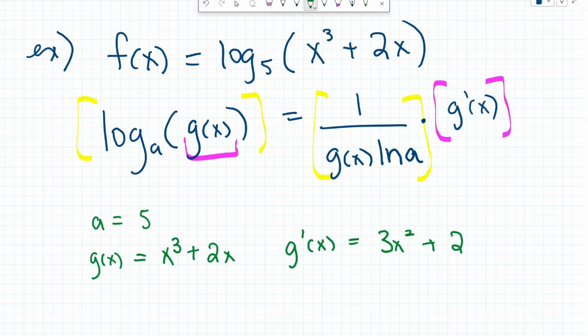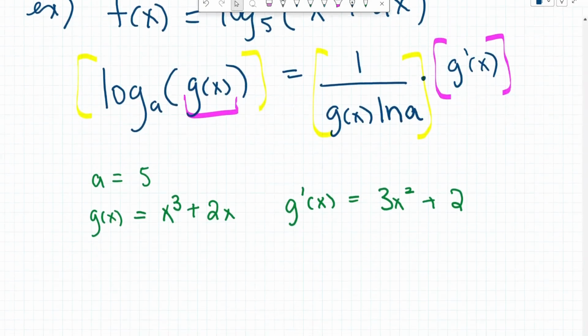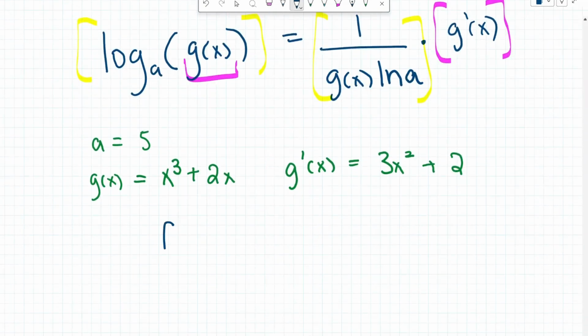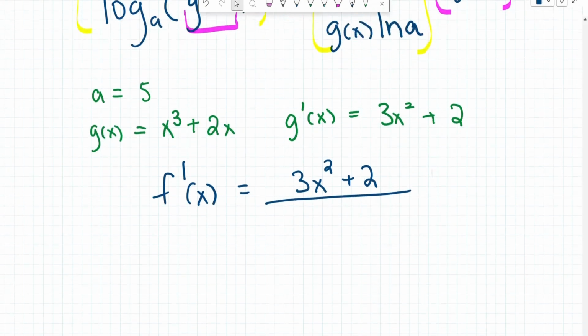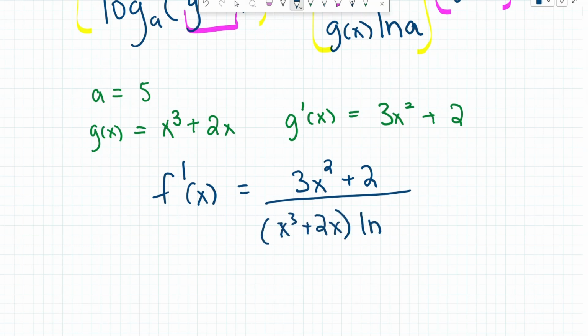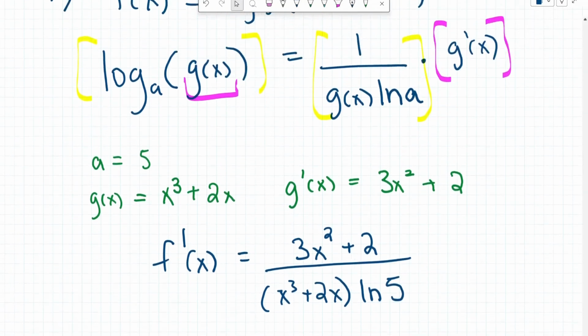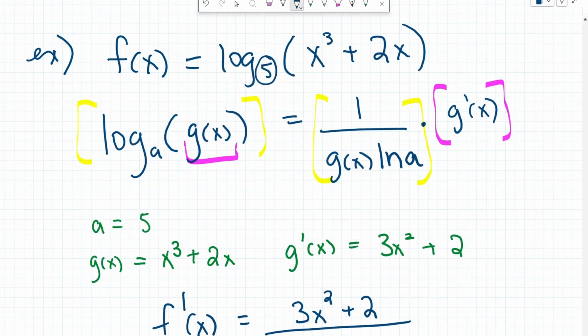Now it's easy. All we have to do is plug and chug, and then we've got our answer. Let's plug in all our values. We can use the prime notation here: f prime of x equals g prime, which is 3x squared plus 2, divided by our g of x, which is x cubed plus 2x, multiplied by ln 5, where 5 was our arbitrary base that we got right over here.